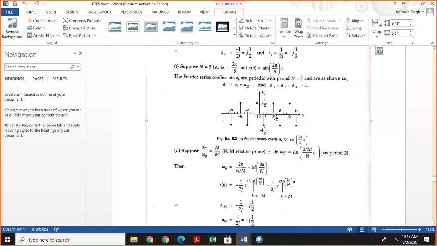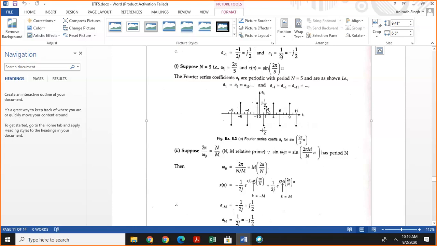Similarly, a4 is given by j by 2, and if we add 5, a4 plus 5 we get a9, and the value of a9 is also j by 2.